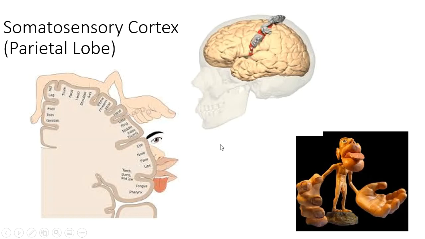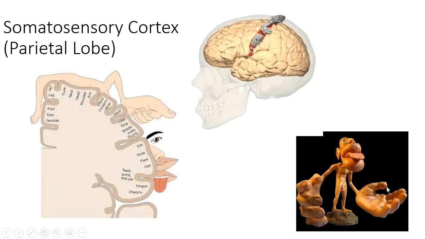They've actually mapped out the somatosensory cortex according to how much space each body part takes up. They created this figure called the homunculus, which is basically everyone's body size relative to how much space it takes up on the somatosensory cortex.